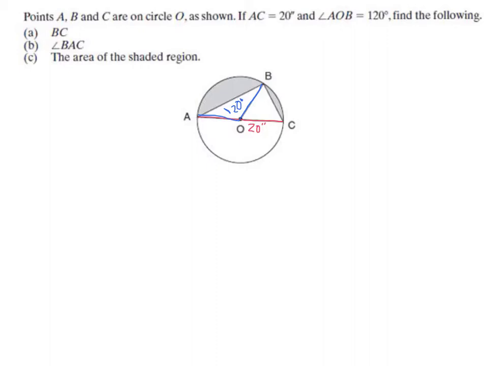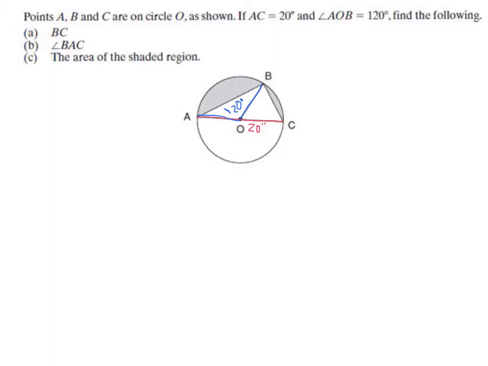It's hard to write on this without touching the iPad with my hand, and that messes things up, so it's a little bit sloppy. But knowing that we have 120 degrees here will tell us something about this arc. So you can look that up. And then, since this is half of your circle, you'll know what this arc is also.